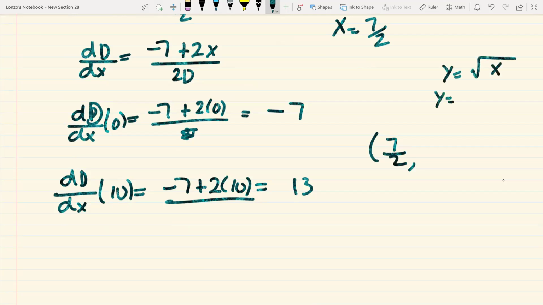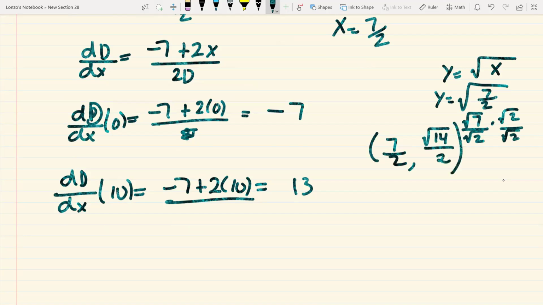So y equals square root of 7/2. I don't like it like this, so I can simplify it. This could be simplified as square root of 7 over square root of 2. Then you can rationalize the denominator by multiplying top and bottom by radical 2. So this would be radical 14 over 2.